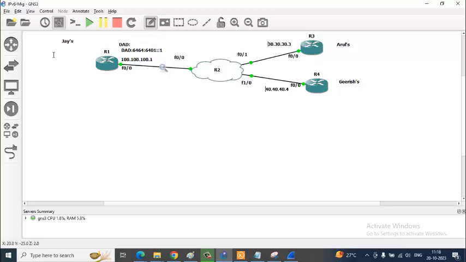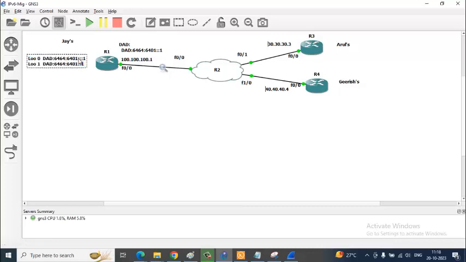So I'm going to have like a department. I'm going to have two loopbacks, two departments, and the difference I'm going to make here is in the fourth hextet.